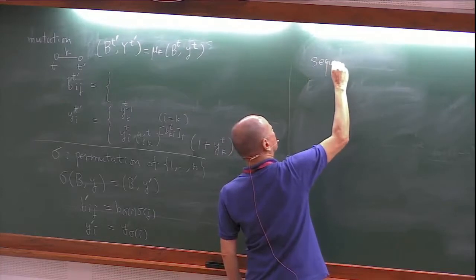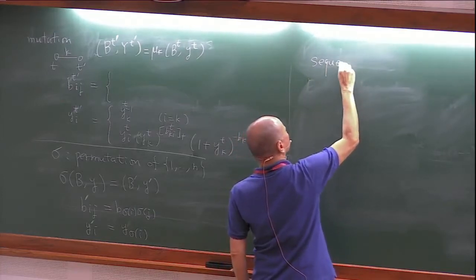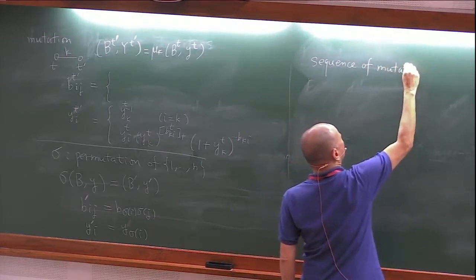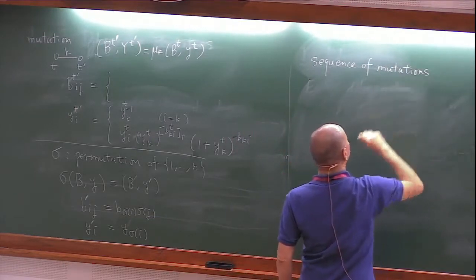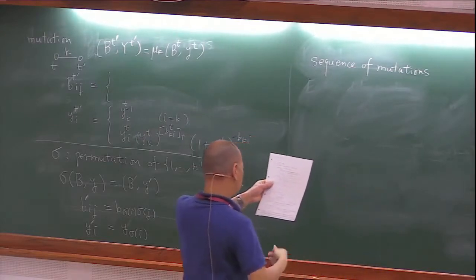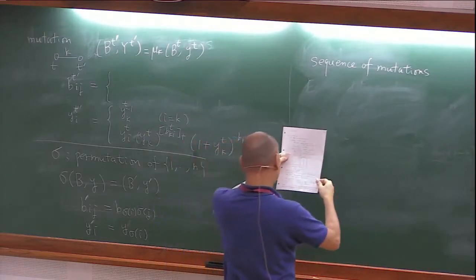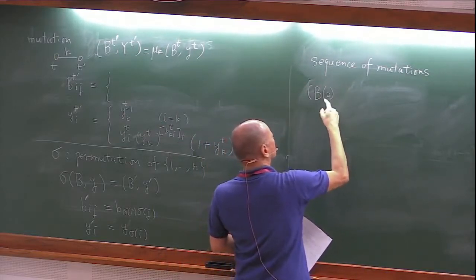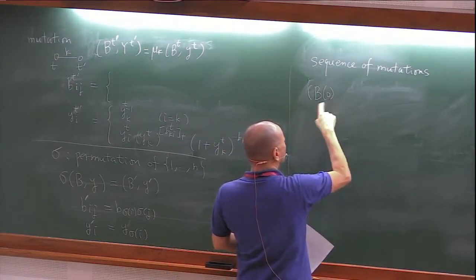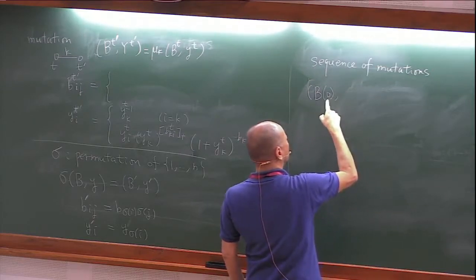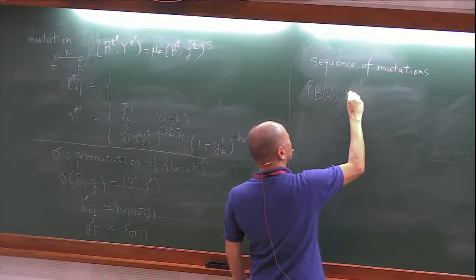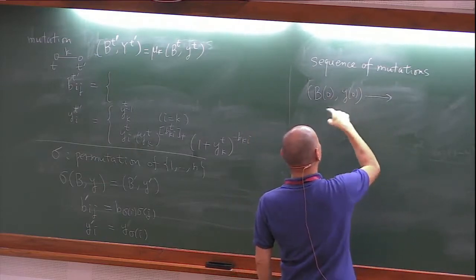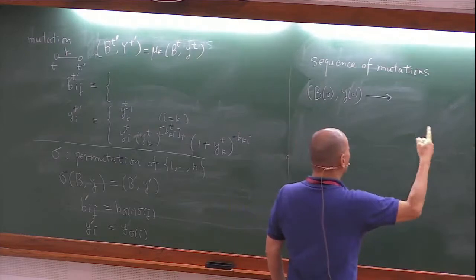I use the same notation as yesterday. A sequence of mutations is considered as a discrete time dynamical system, so it's nice to consider there is a discrete time, and I introduce this time zero as the initial state, and those are some seeds.